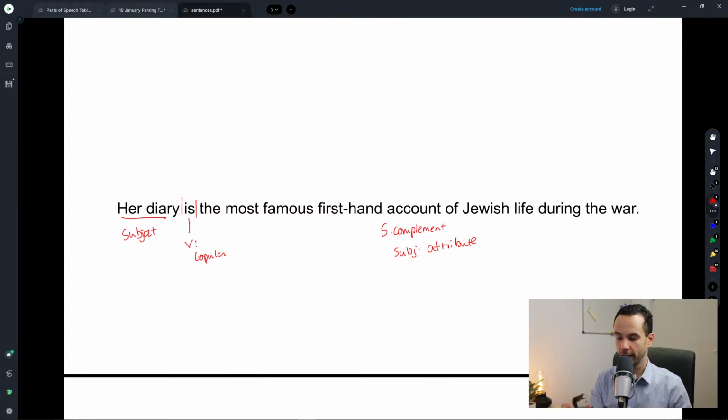And in this case, we have a very nice basic sentence. Right, so we have her diary, subject, is, verb phrase copula, and the most famous first-hand account of Jewish life during the war, which is our subject attribute.